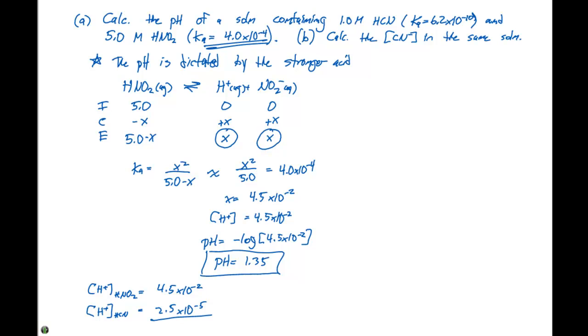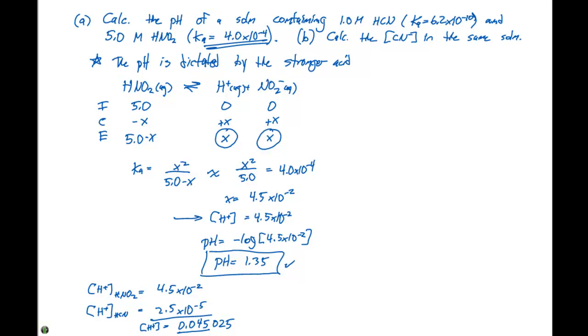And that would give us an H plus total equaling 0.045025, which is essentially going to give us the same pH value as if we had an H plus concentration of 0.045 or 4.5 times 10 to the minus 2, which is what we did right up here, giving us a pH of 1.35.